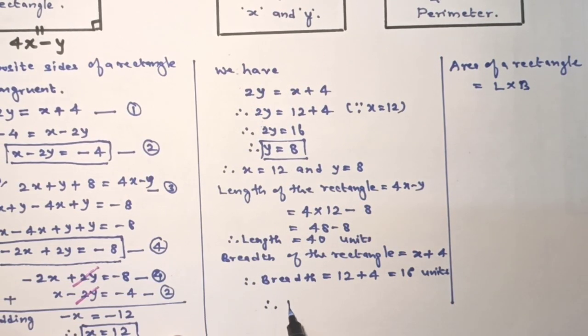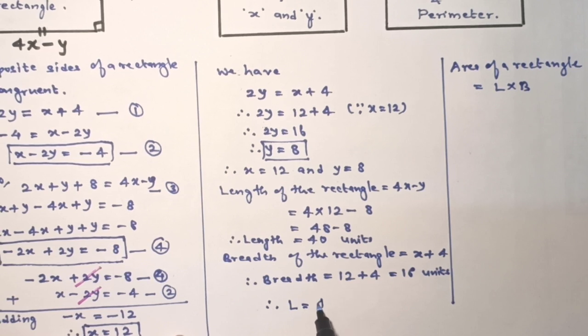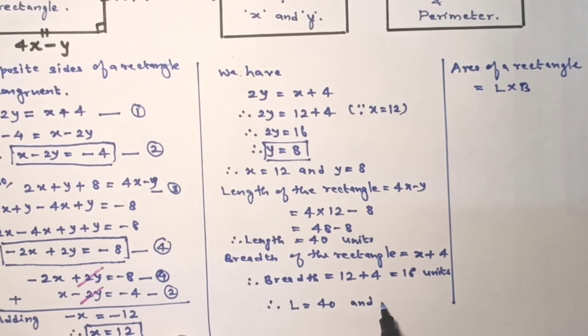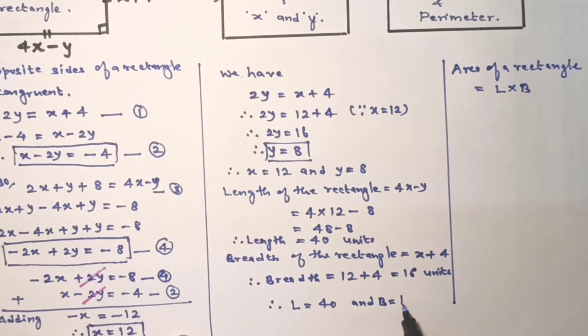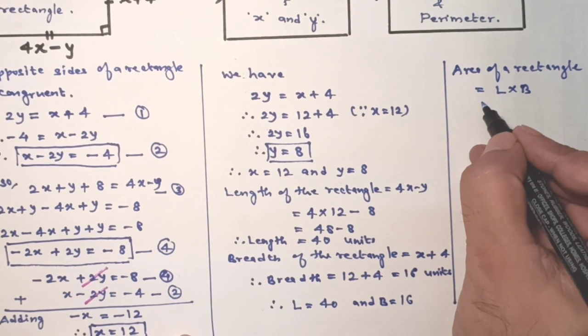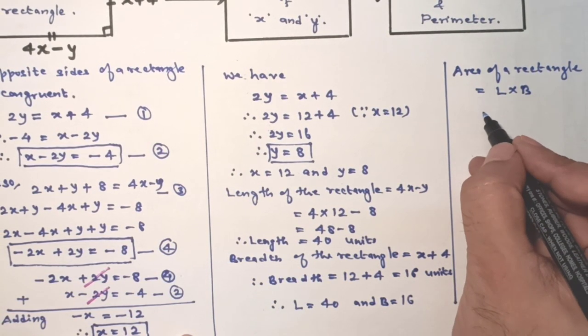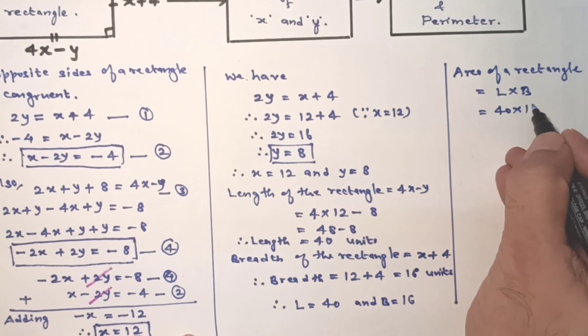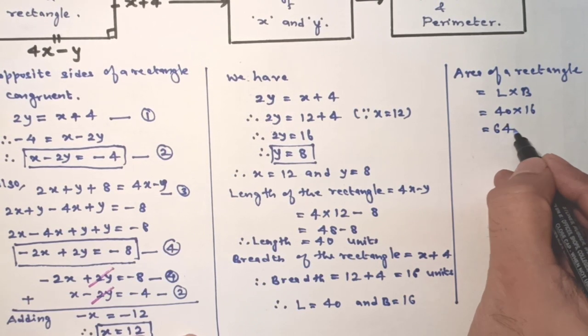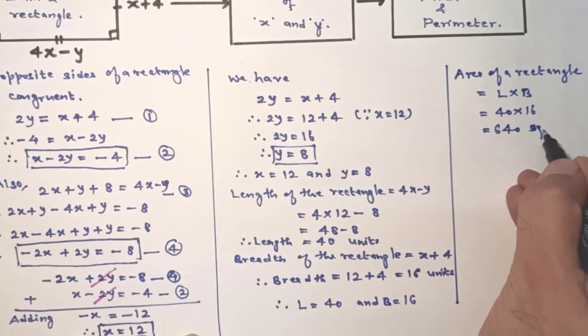Here you have length 40 and breadth 16. So 40 into 16, 640 square units.